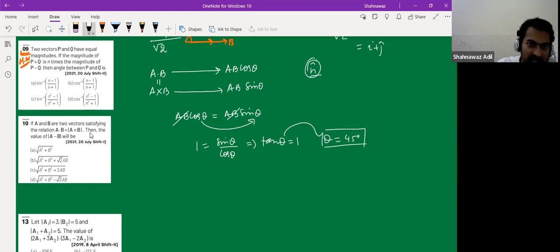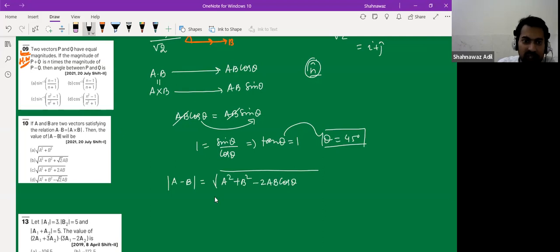So we have to find then the value of the magnitude of A minus B. So we already know what is A minus B, right? Magnitude of A minus B is how much? Yes, so this is A square plus B square minus 2AB cos theta, right?